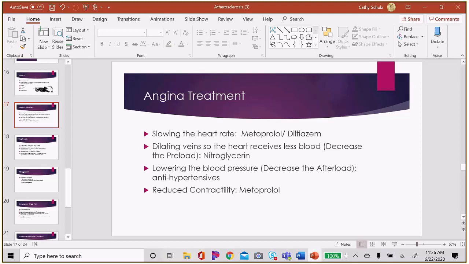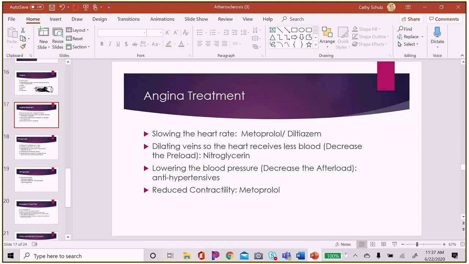And that is why metoprolol is actually the best medication to give in this setting, whether it be angina or an acute MI, because it's blocking beta receptors on the heart, which means it blocks heart rate and can affect the strength of contraction, and will also work to lower the blood pressure in this way. So I will take away afterload and decrease contractility, and so it's a very good medication in the setting of angina.